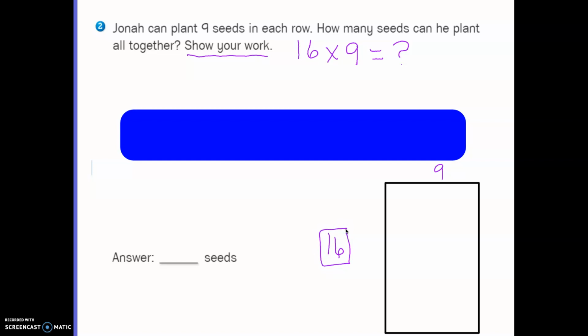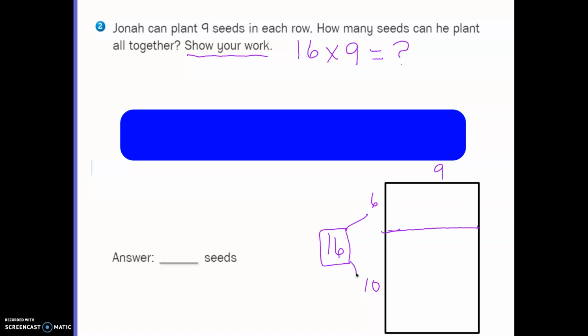So I could separate that into 2 different addends, just like we were doing in our mental math. So when I think of 16, I think of 6 and I think of 10. So I'm going to go ahead and partition that. I'm not going to draw little bitty squares. I'm just going to partition 6 and 10 for 16, okay?